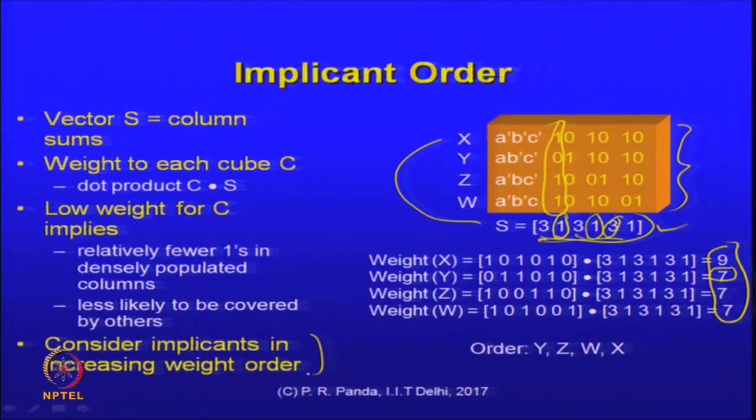So, let us try to drop them, and instead expand the cubes that are less likely to be covered by others. That is why that order results. Point is that we want to consider x last in this particular example. X, y, z and w, it does not matter, the weight is the same, but x comes later.